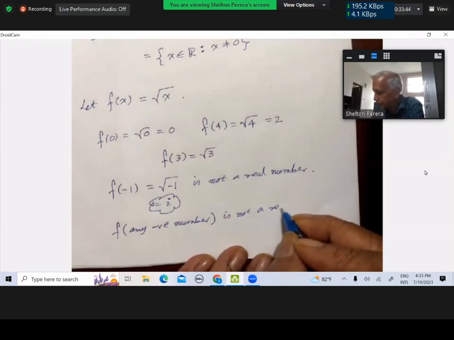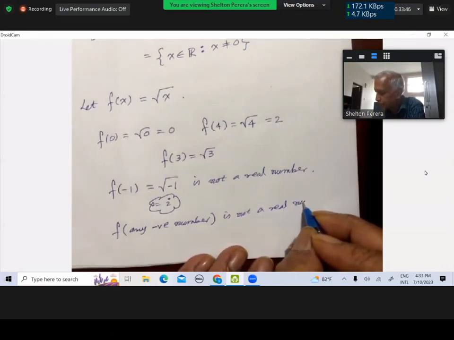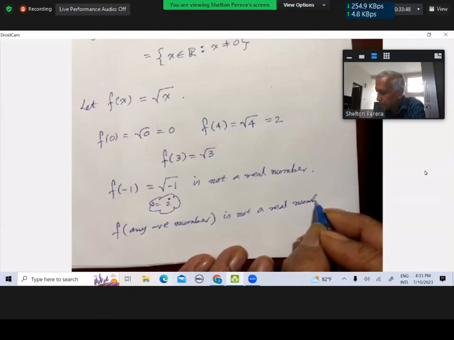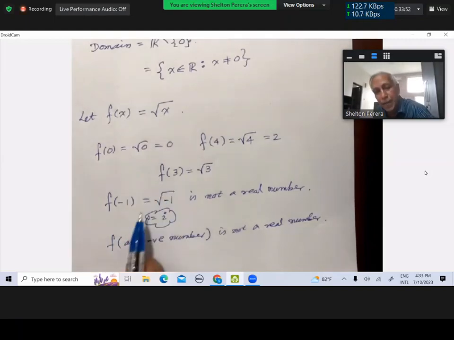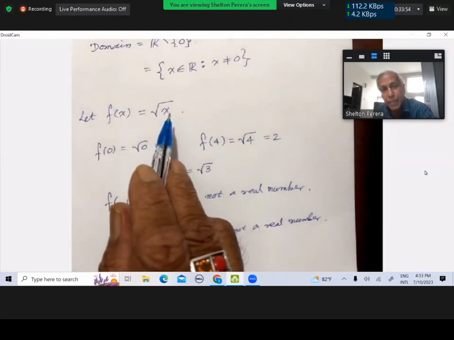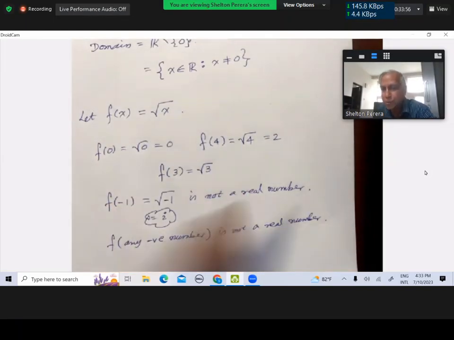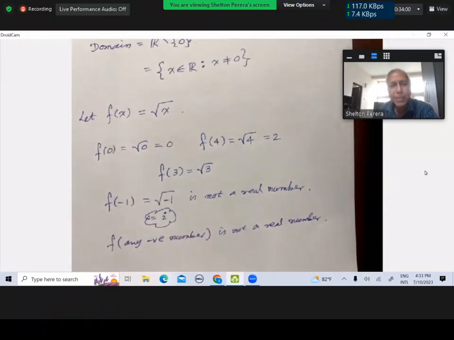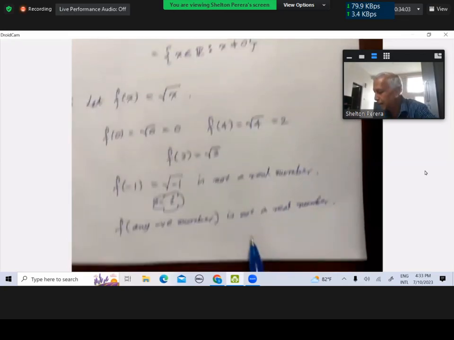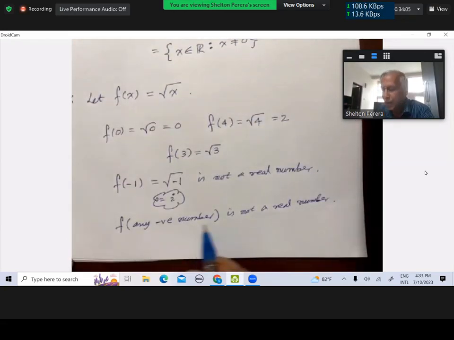They are complex numbers, no? It's not a real number. But the square root of any positive number is a real number. Square root of 0 is 0. So the only bad values are negative numbers.